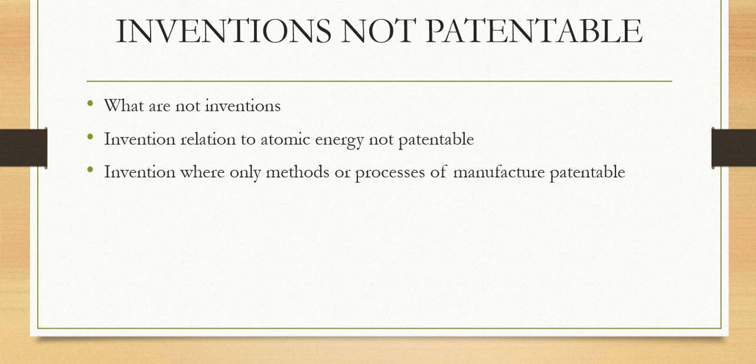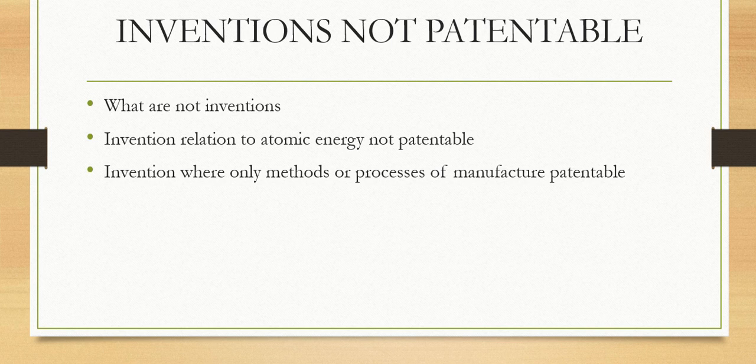A method of agriculture or horticulture is not considered an invention. And next is any process of medical, surgical, etc., treatment which renders them free of disease or increases the economic value of those products.